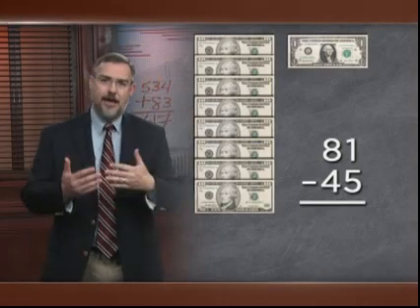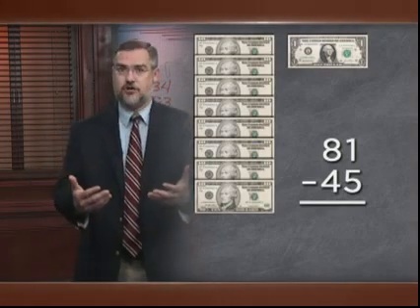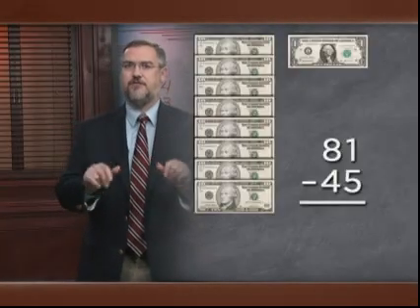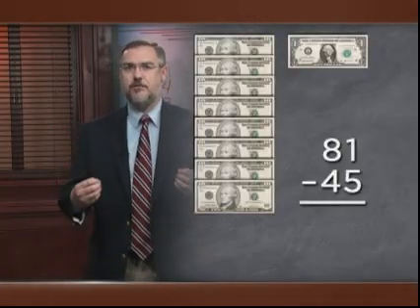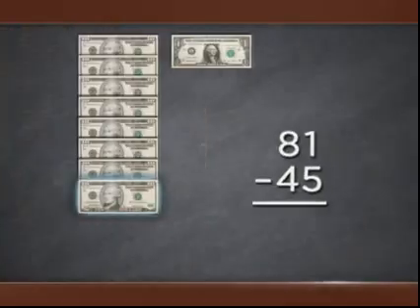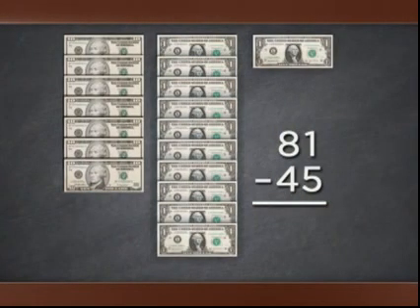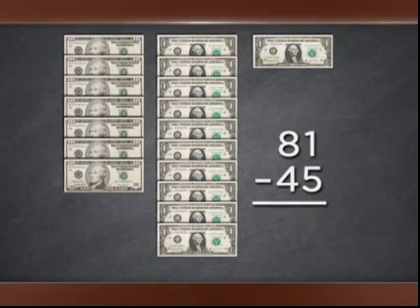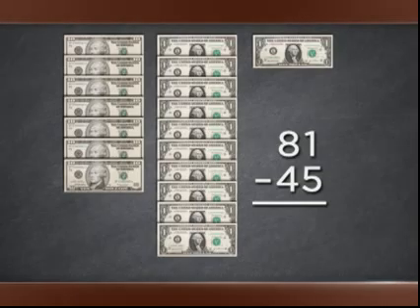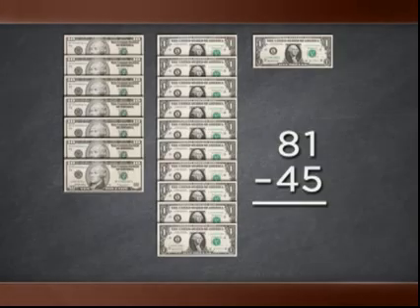So it's going to be helpful to think about another conversion with our money. Think of it in the following way. We have our $81. We take one of our $10 bills, and now we exchange it for 10 $1 bills. Now, if we started with 8 $10 bills and one $1 bill, and we take that $10 and exchange it in the way I just described, it means that you would end up with 7 $10 bills and 11 $1 bills.